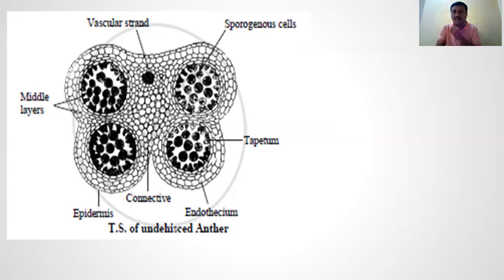They are also the nutritive layer. कोणाला? ह्या स्पोरोजिनस सेल्स आहेत. पोलन सॅक मध्ये ज्या स्पोरोजिनस सेल्स आहेत त्यांना काय करणार आहे? नरिशमेंट फूड प्रोव्हाइड करणार आहे. After that, they also degenerate, this layer. It is also called the middle layer or nutritive layer.